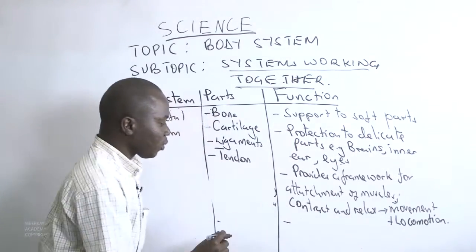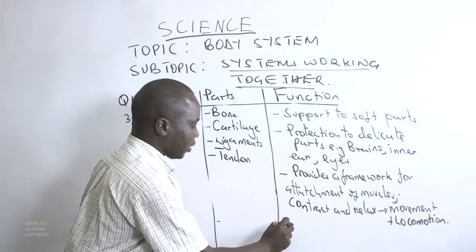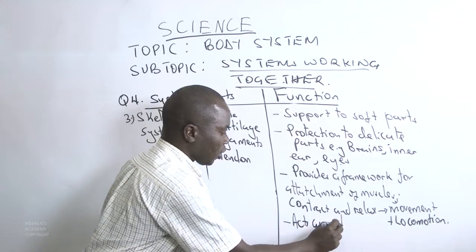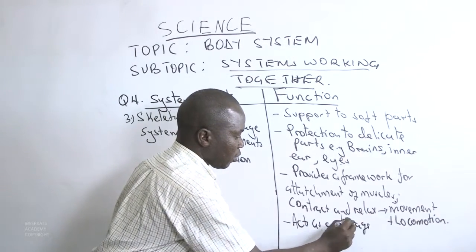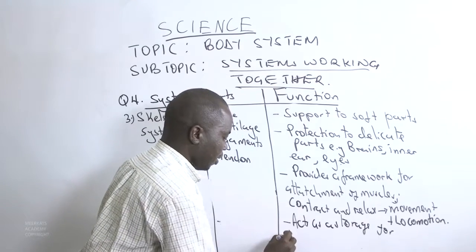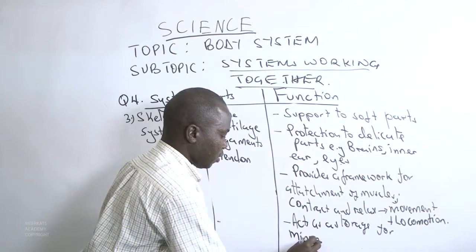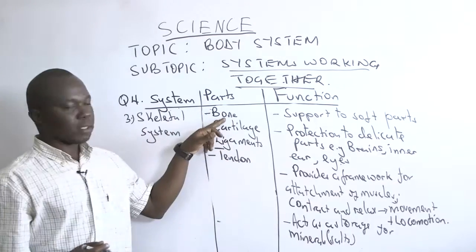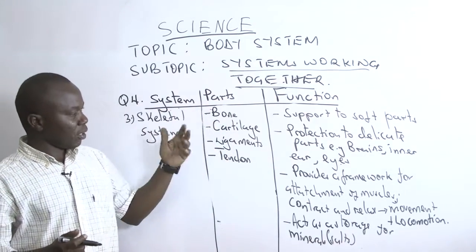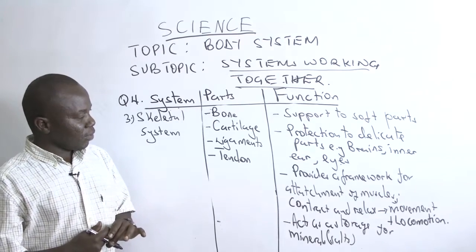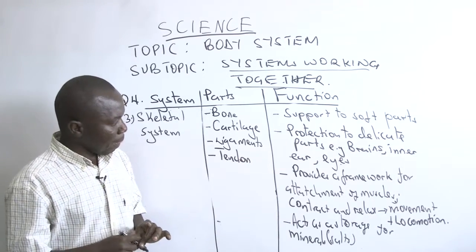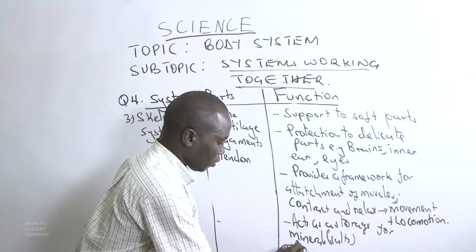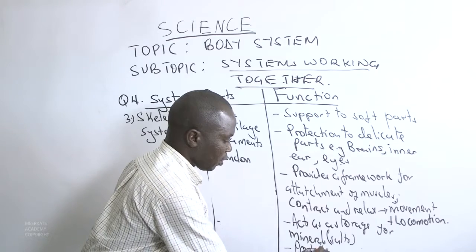Other roles include acting as a storage for minerals, specifically salts, because the bones, we said, are made up of calcium and phosphate salts. And then the last bit, production of cells.